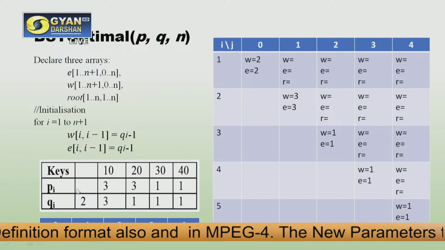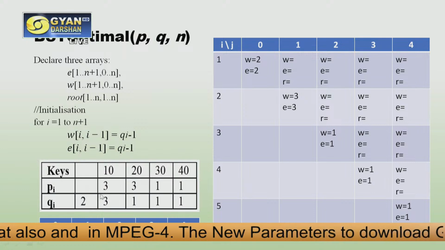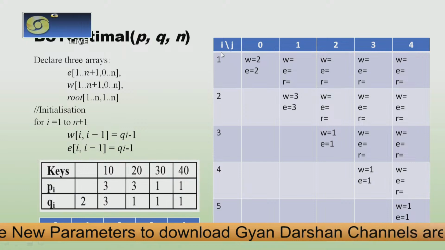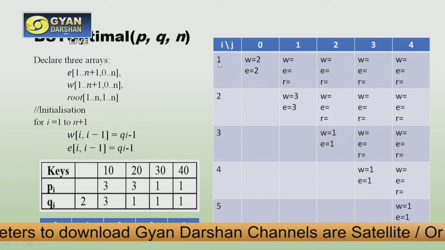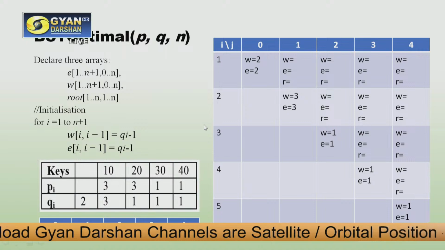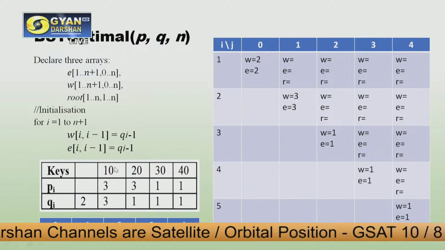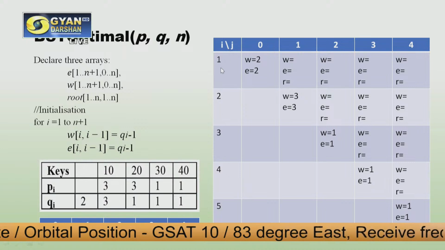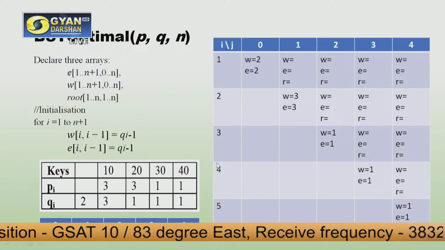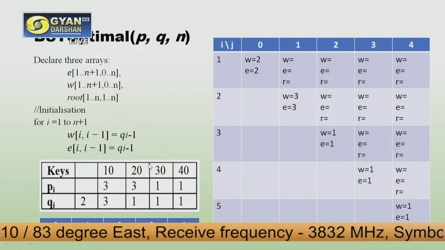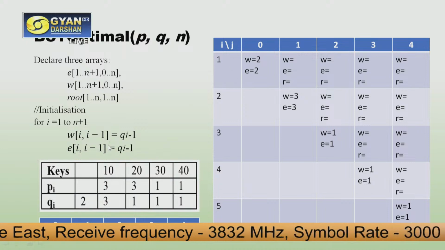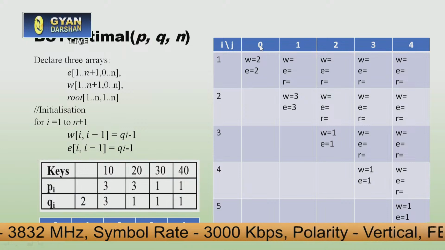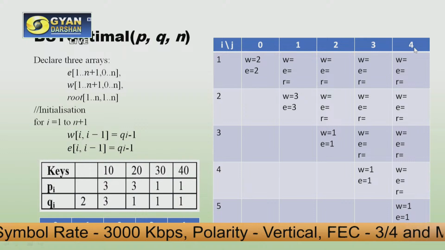This is the way we are going to deal with the keys. In this table, the index i varies from 1 to n plus 1, and the value of n is 4, since we have 4 keys. So i varies from 1 to 5, and the j index varies from 0 to n, that is, j is 0, 1, 2, 3 and 4.